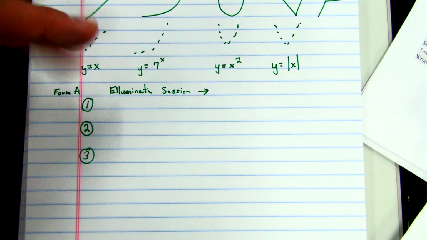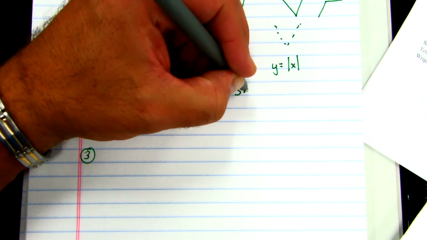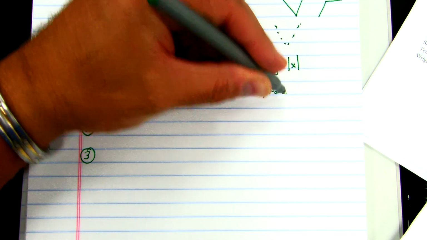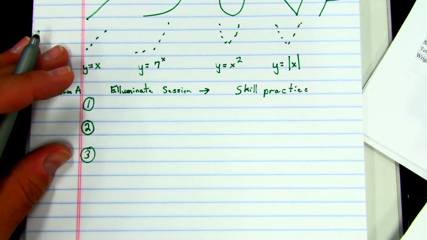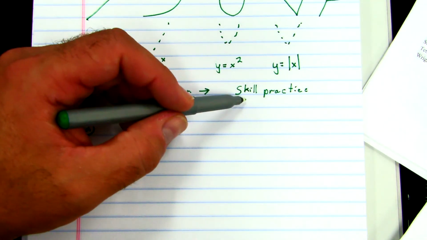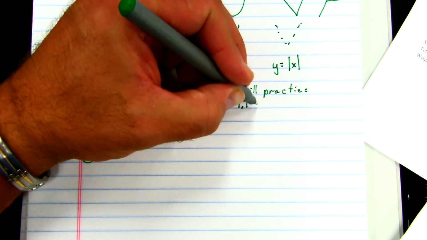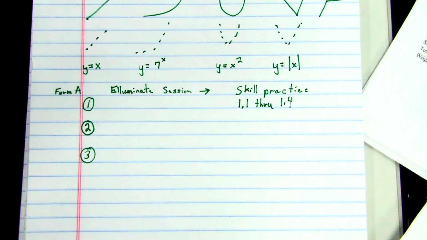They have the opportunity to practice a lot of these things in something called their skill practice book. This is the book that they should have been bringing to and from school all the time, skill practice. Okay. And what do I expect them to do out of the skill practice book? I expect them to do 1-1 through 1-4. Now, how do they know if they're doing well?